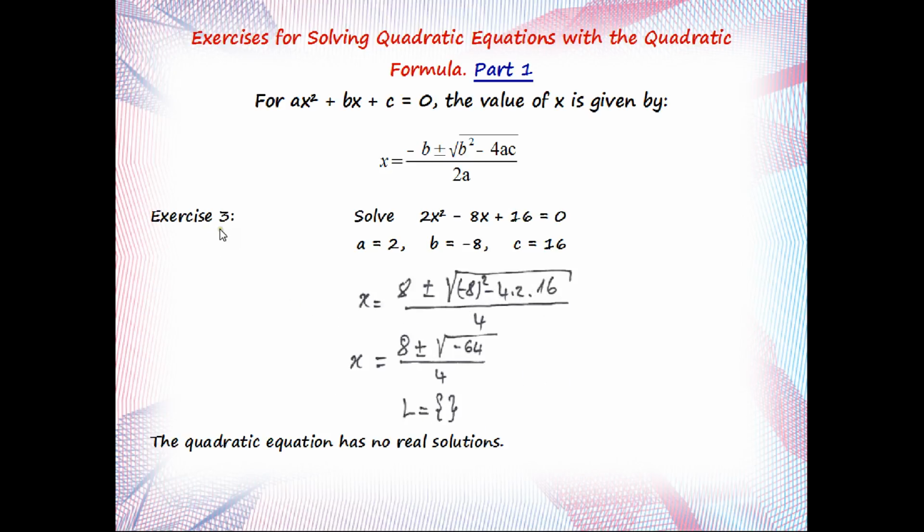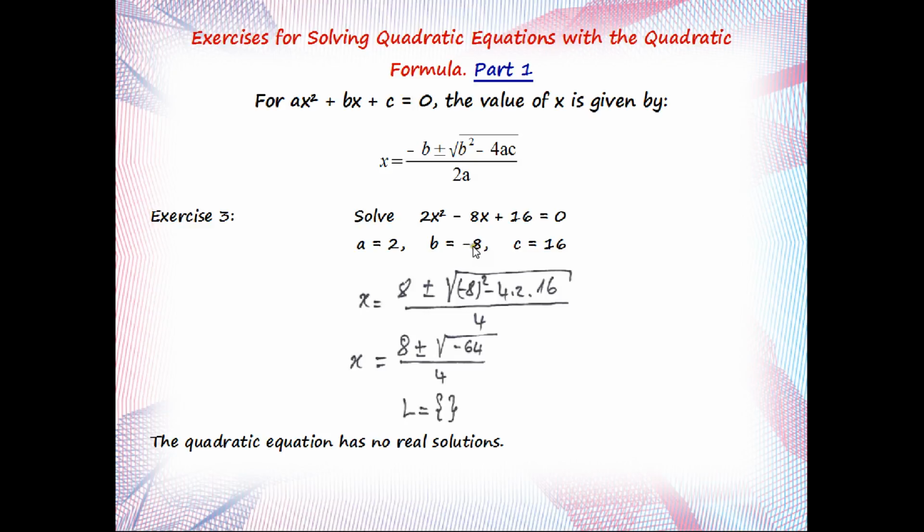Exercise 3. Solve 2x² − 8x + 16 = 0. In this case, a = 2, b = −8, c = 16. Now we use the quadratic formula above, then we get x equals −b. −b is −(−8), which is positive, so +8, plus or minus the square root of b².